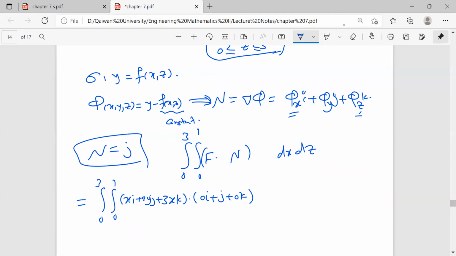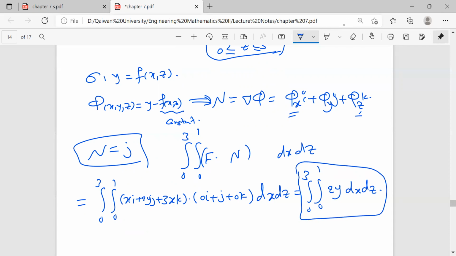We multiply i by i, k by k, and j by j. We get only 2y. This is dx dz. This equals the double integration from 0 to 1 and from 0 to 3 of 2y dx dz. That's it. Here 2y is a constant.